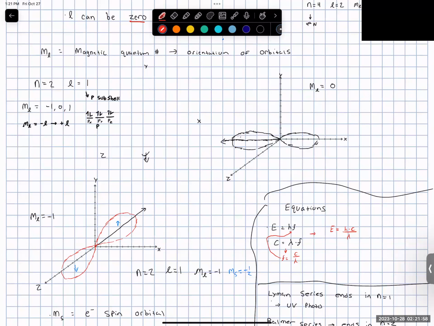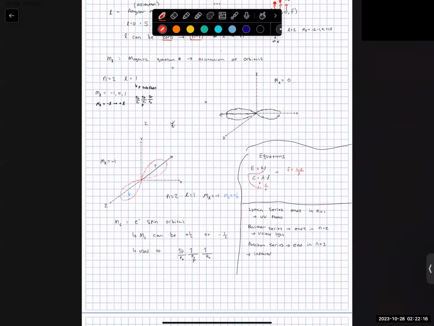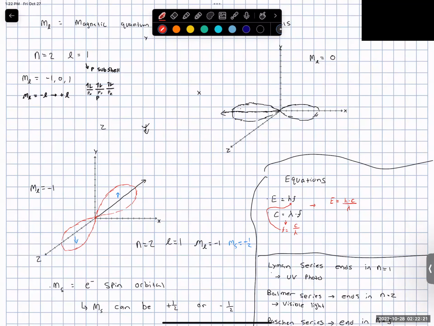The number of electrons is double the number of orbitals. Like 2d would be 5 orbitals. That's correct, but you're getting a little ahead of where I want to be.